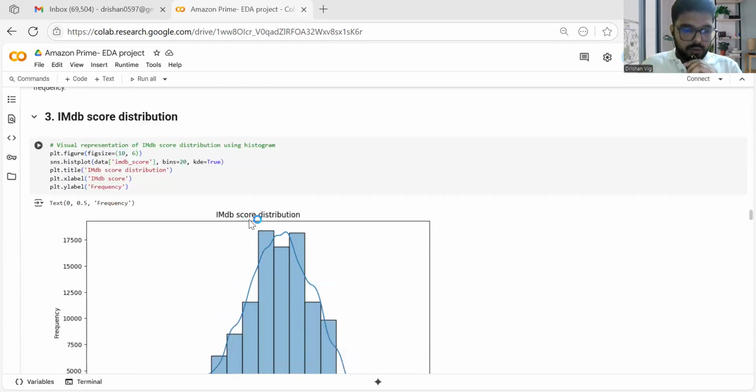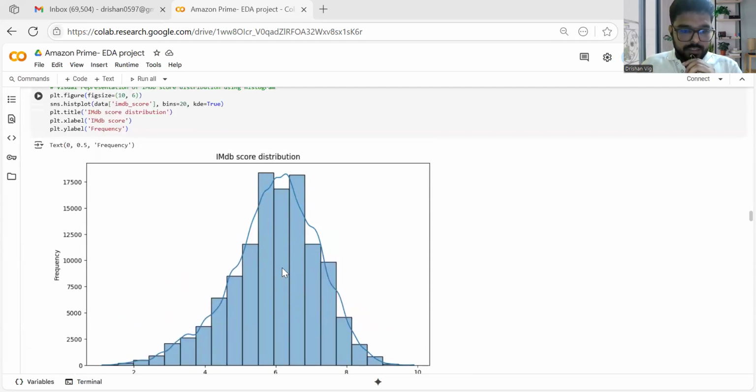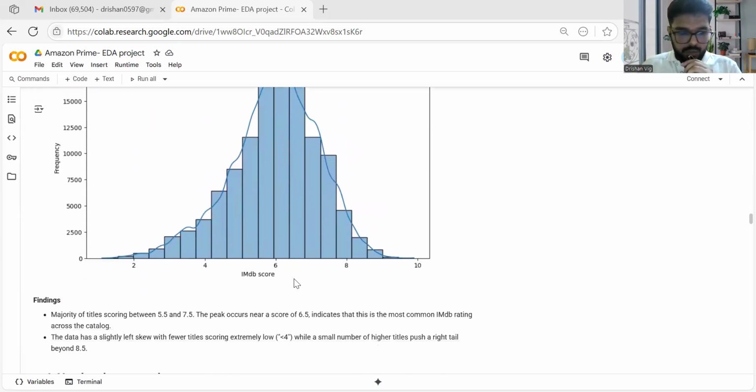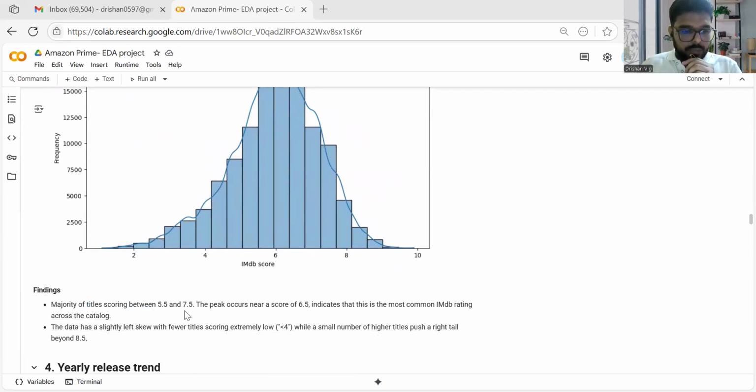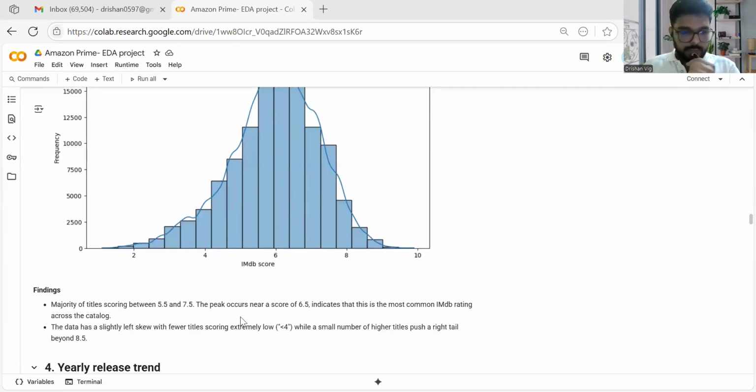This is the histogram of the IMDb score distribution. As you can see, there is a peak in the range of 6 to 8, and after that it falls down. The majority of titles score between 5.5 and 7.5, or a round figure like 6 to 8.